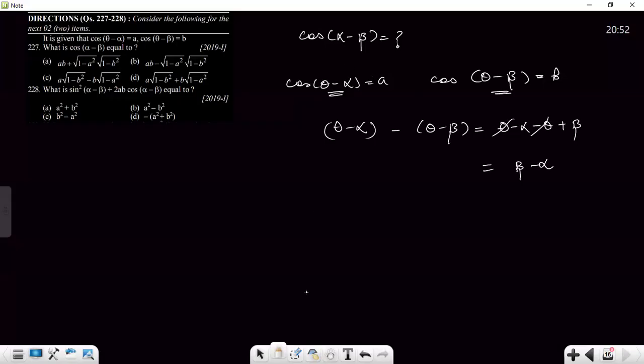So instead of finding A minus B, if we find B minus A, then it will be alpha minus beta.